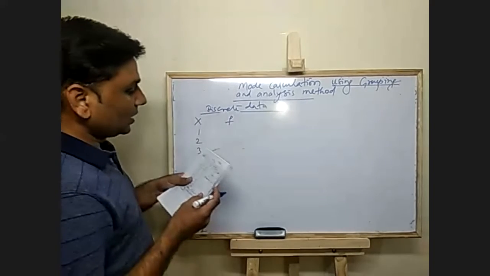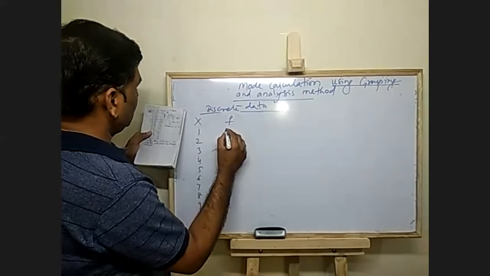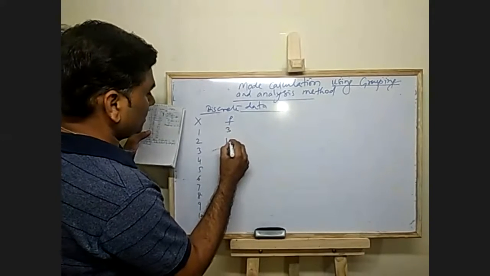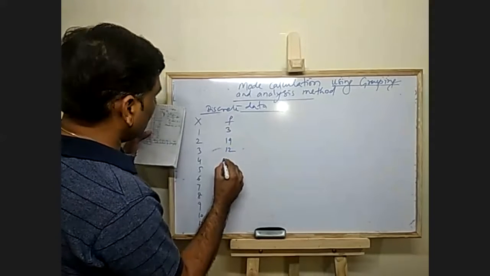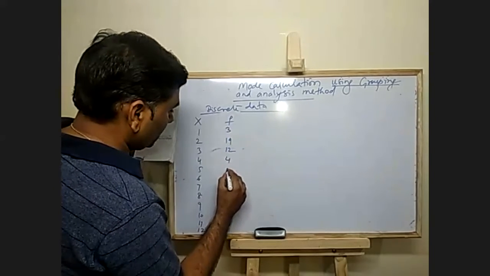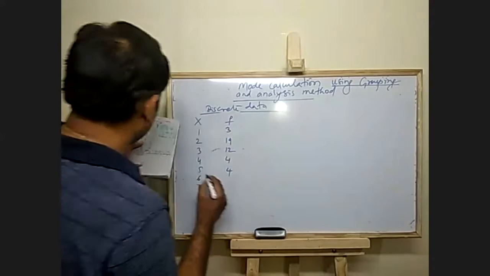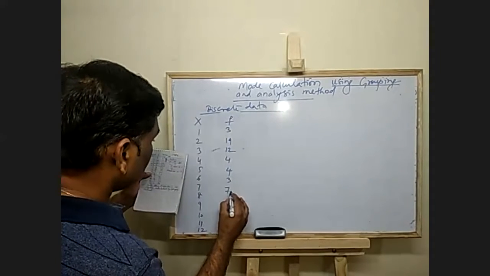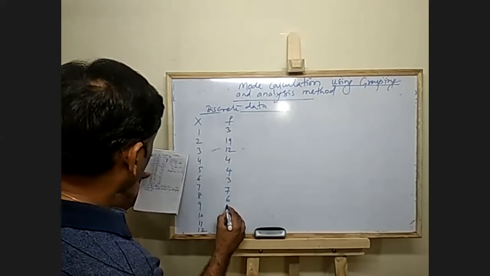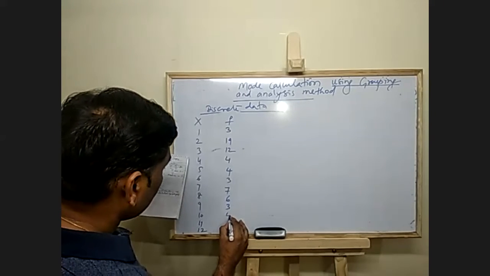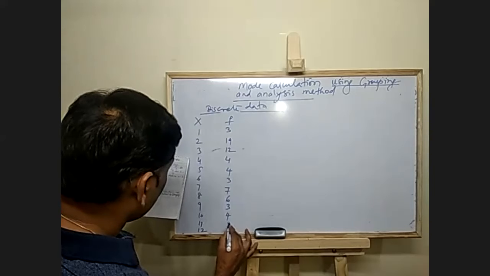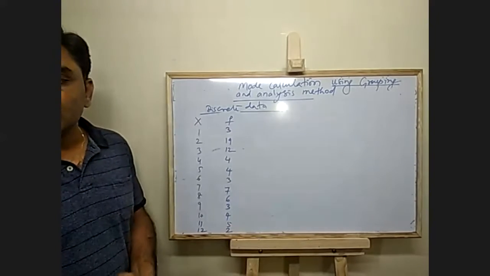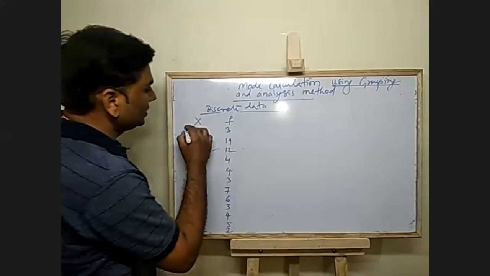And the frequencies are 3, 19, 12, 4, 4, 3, 7, 6, 3, 4, 5 and 2. So frequencies are given.